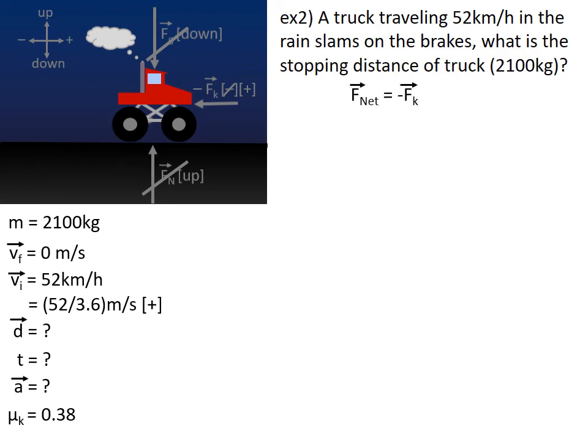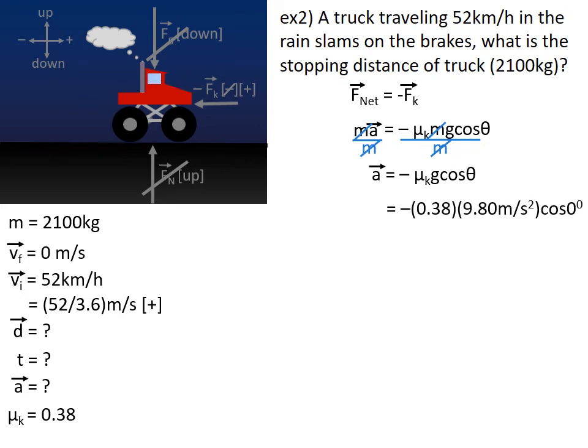So Fnet equals negative Fk. To our substitutions, Fnet we said is equal to mass times acceleration, and Fk is equal to UK mg cos theta. Now the masses can factor out on both sides, and that will give me acceleration equals negative UKg cos theta.